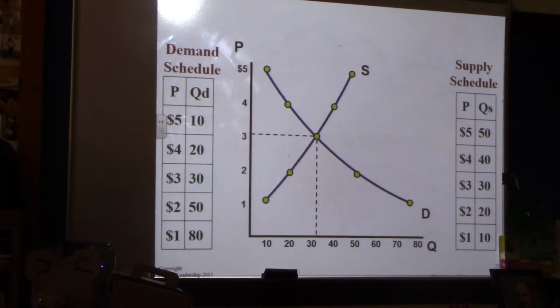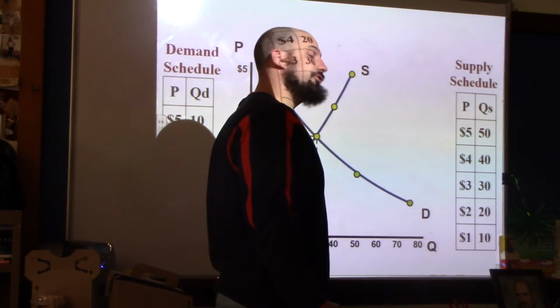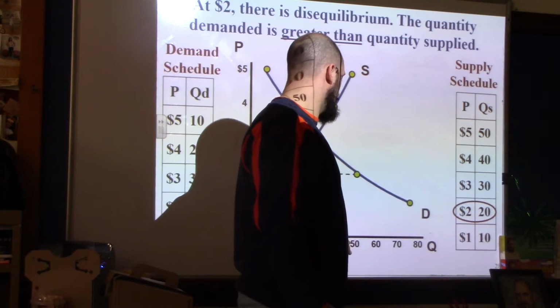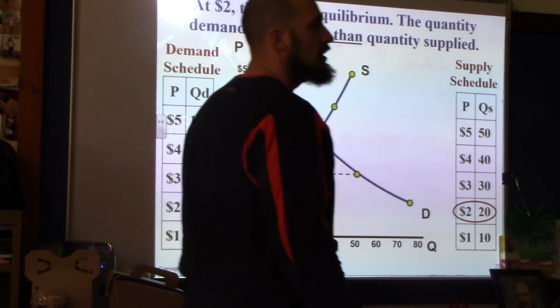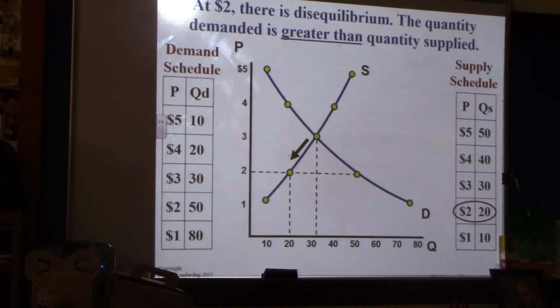All right, what if the price were to decrease down to $2? Now what's happening in the market? There's a shortage. There's a shortage because producers are only willing and able to produce 20, while consumers are willing and able to purchase 50. So at $2, you have 30 people waiting to buy that Gatorade.